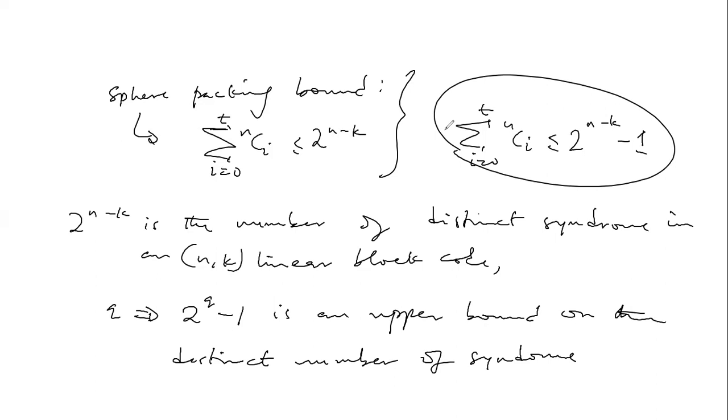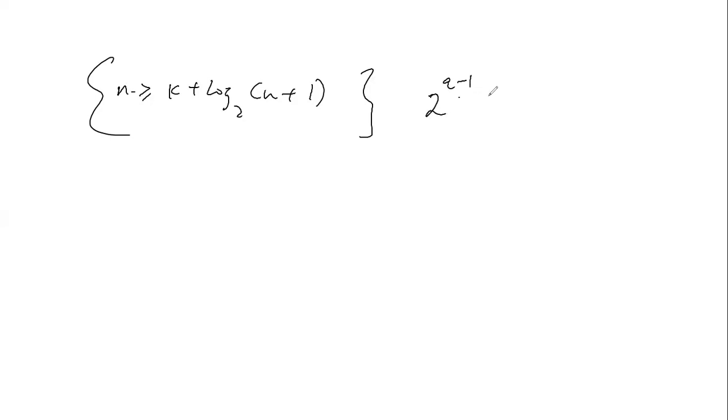In the other video, we actually solved a problem where we had n greater or equal to k plus log to base 2 of n plus 1, and you should show that the Hamming bound is given by this, for the (n, k) code.